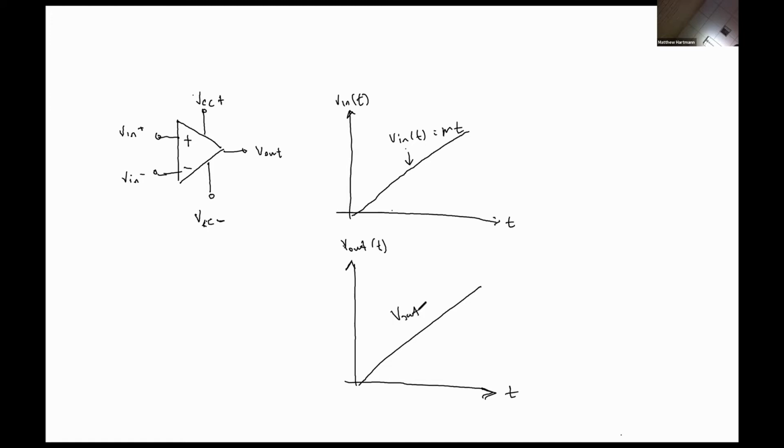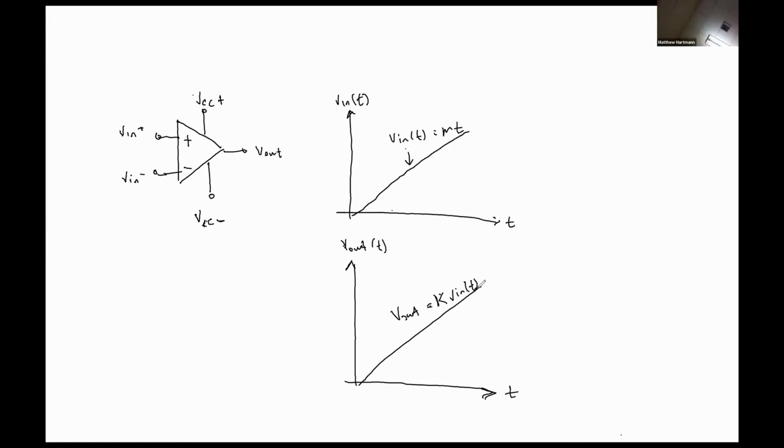So Vout would just be K, some scaling factor, times Vn of t. That's what you guys are most likely used to.